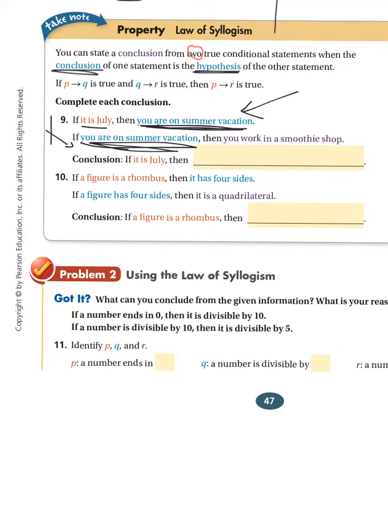If that's the case, what you can do is link the very first part and the very last part. So if it's July, then you work at a smoothie shop.